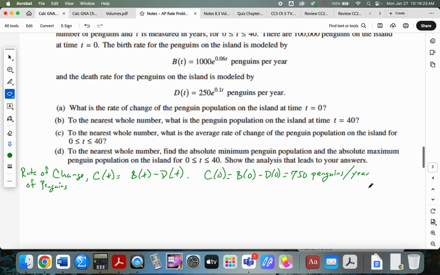So to the nearest whole number, what is the penguin population on the island at t equal to 40? All right.